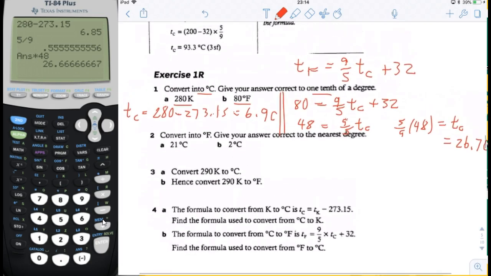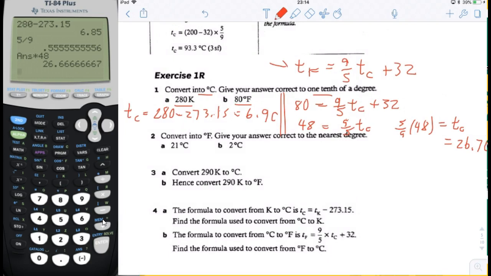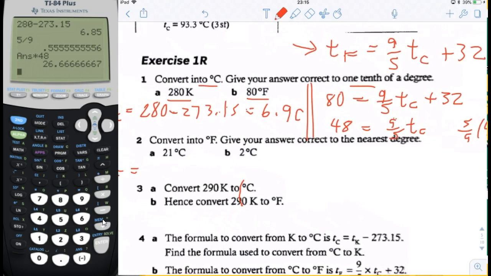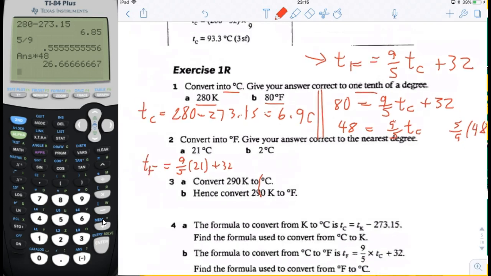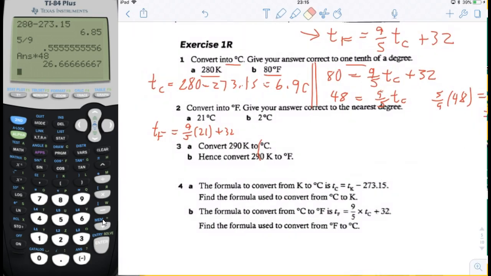Okay, so let's get the formula again. It would be this formula here. So 21 degrees Celsius, I would convert by saying TF equals 9/5 times 21 plus 32. And we don't have to do any algebra because now everything is on the correct side of the equation.